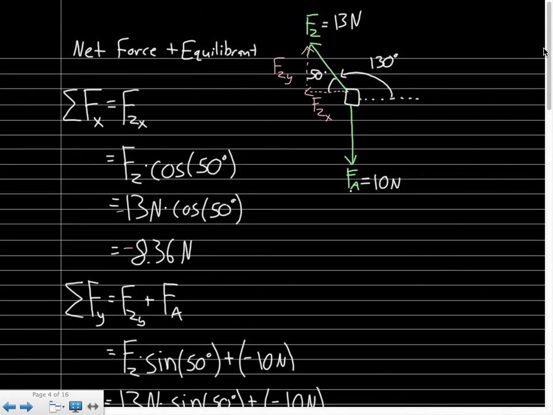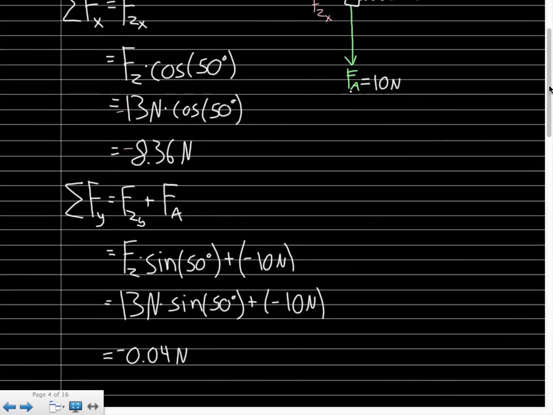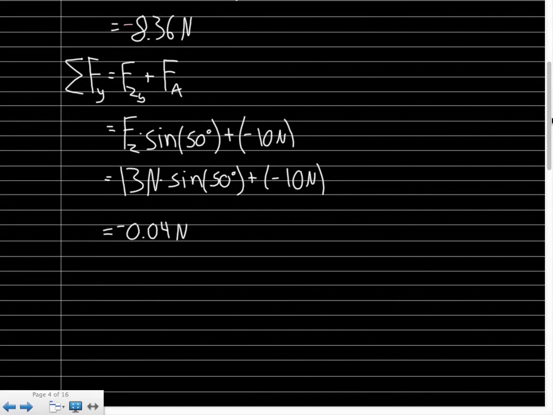So who won? FZ or FA? Looks like FA won slightly. FA was 10 newtons. And watch, what I'm going to do is I'm actually going to solve for 13 sine of 50 to see what we get. 13 times the sine of 50 is equal to 9.96 newtons.